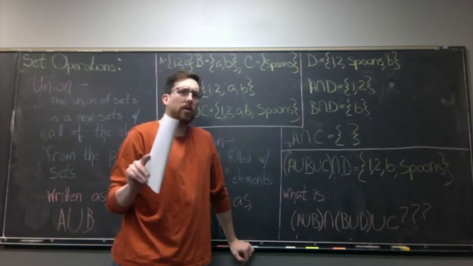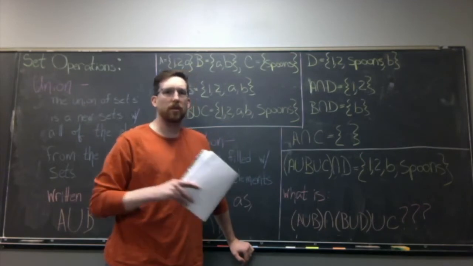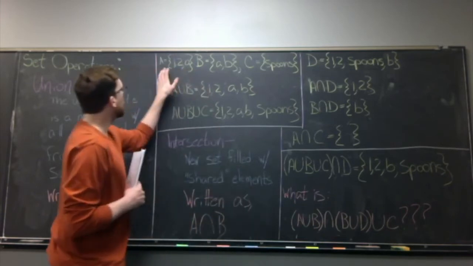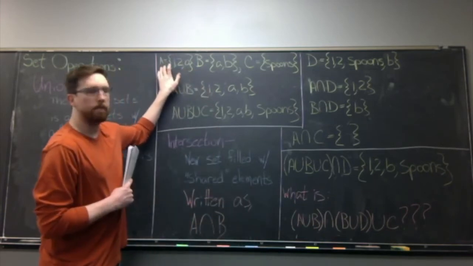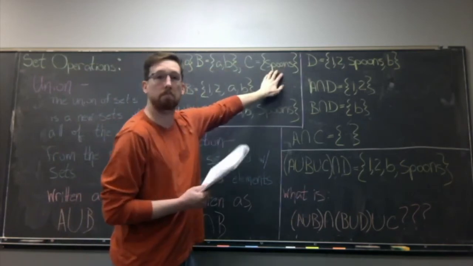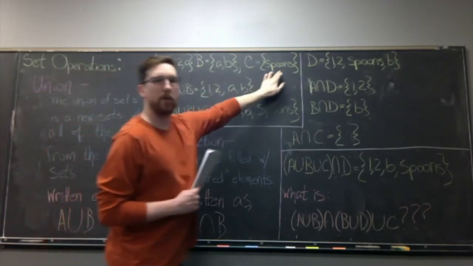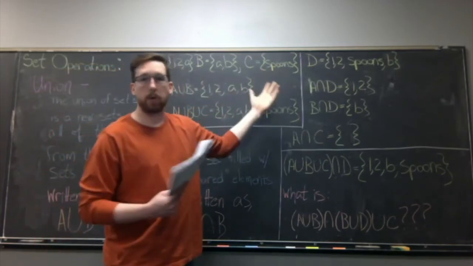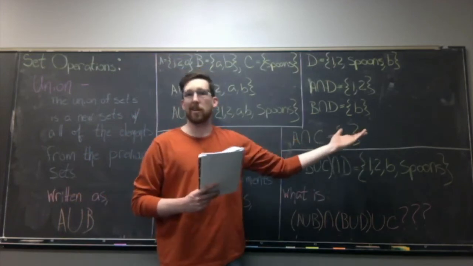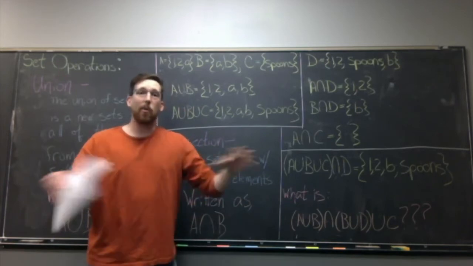Now, let's take a moment to pump the brakes a little bit. Let's imagine we were to take the set A and take the intersection with the set C. Okay? Notice they don't share anything in common. So what do we write? Well, we just write an empty set. That's all it is. Since they don't have anything in common, the set has no elements.